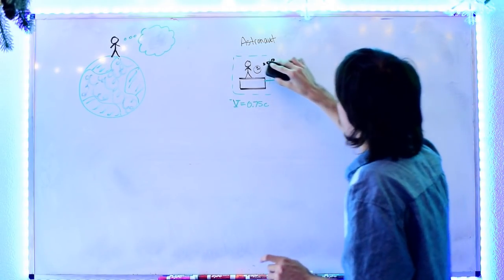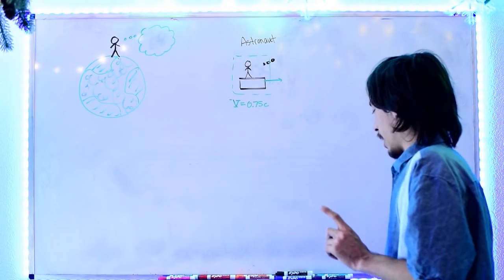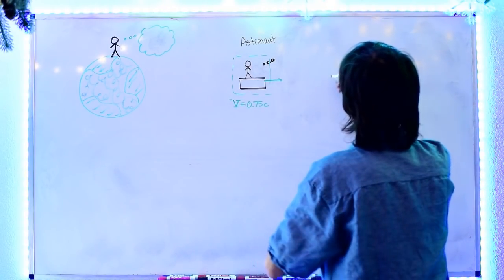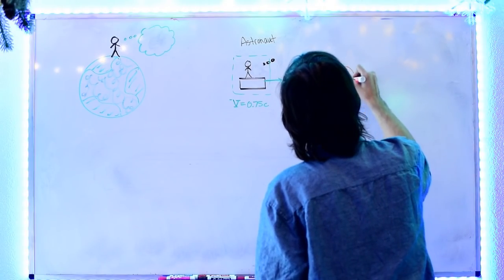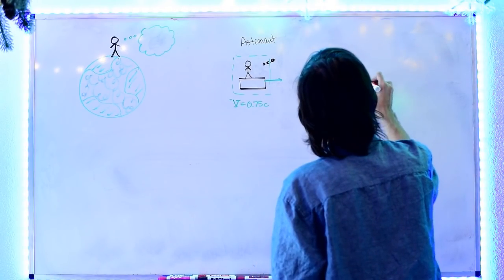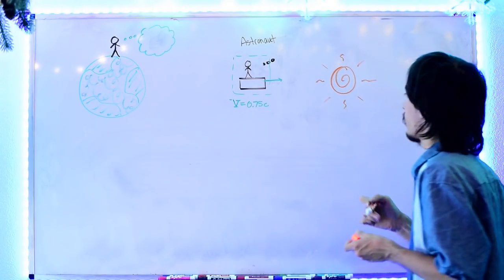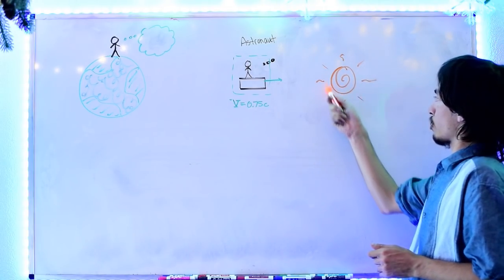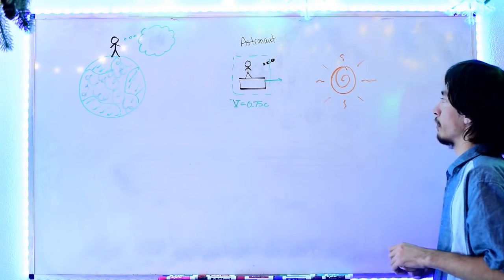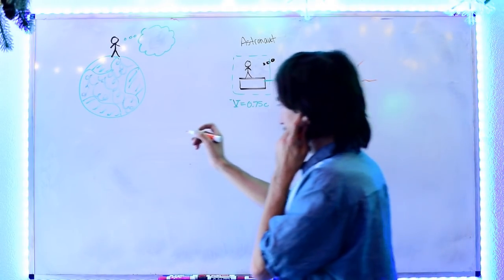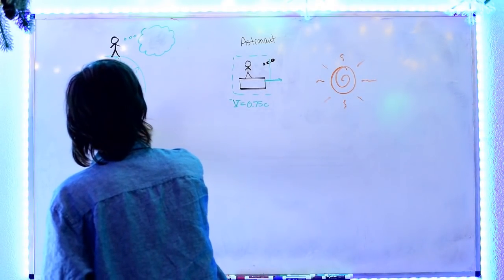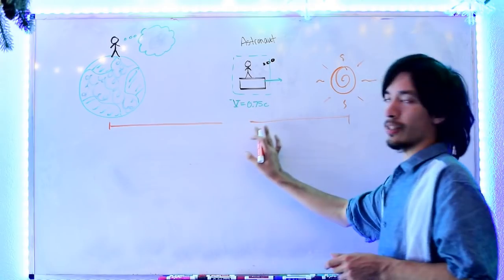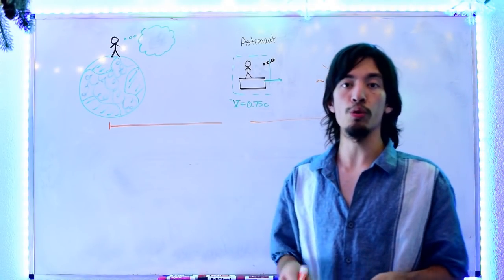Now I'm not going to care about the clock anymore. There's a star somewhere to the right of this picture. Say this is my star. It's something kind of like our sun, but a different star. There is a distance between here, the Earth, and the star, whatever this distance is relative to who is measuring it.